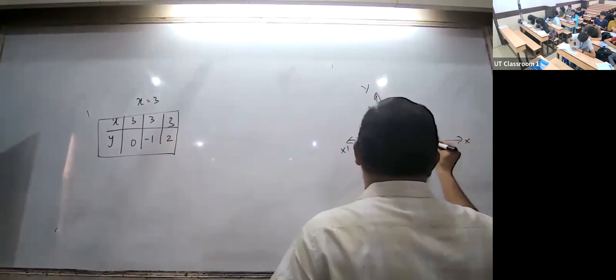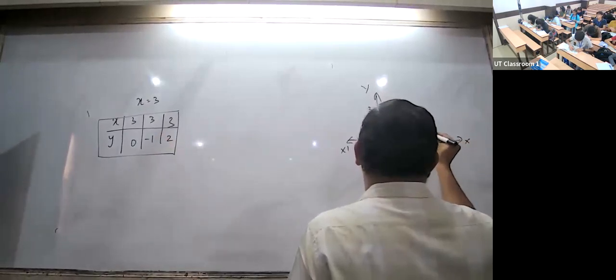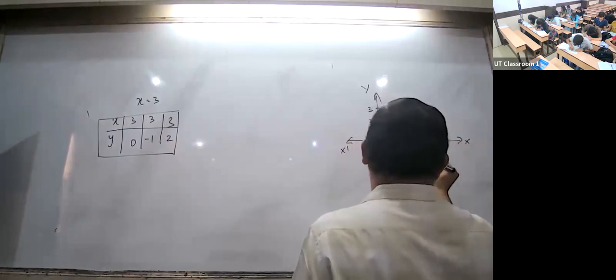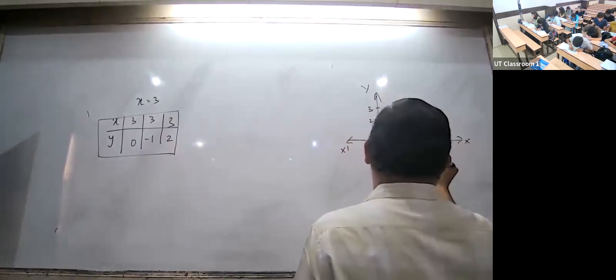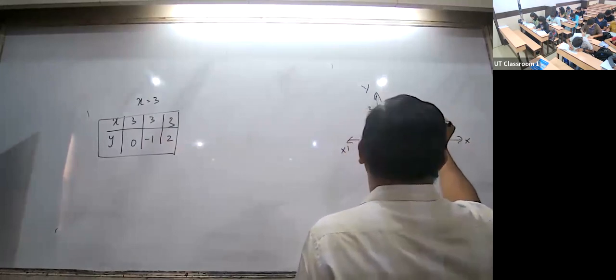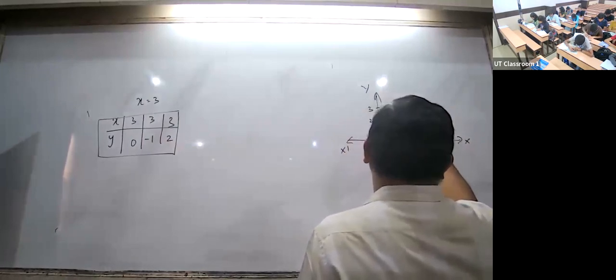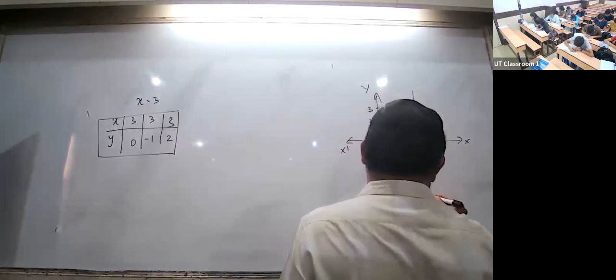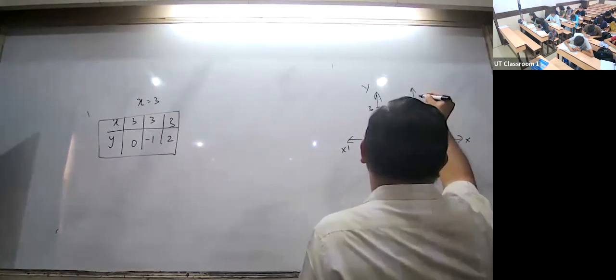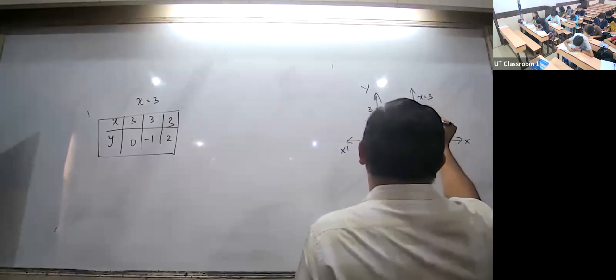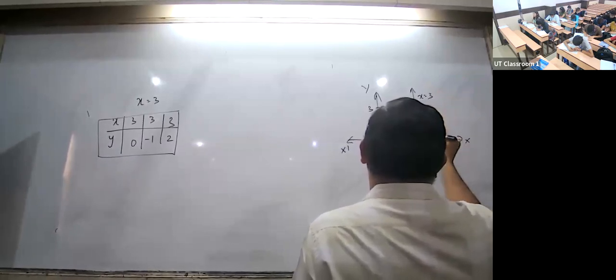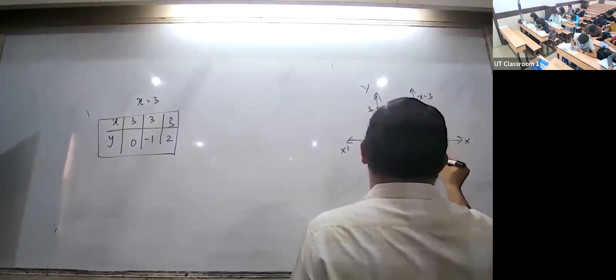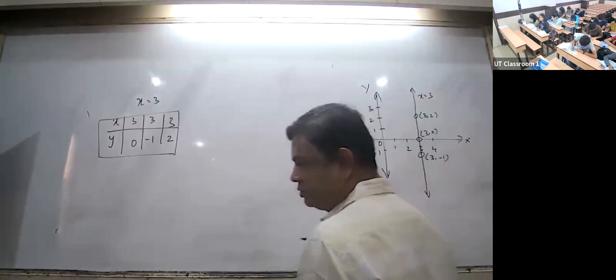First one is 3, 0. Second one is what? 3, -1. You decide which point to be taken. Third one is 3, 2. Graph drawn: x is equal to 3. This is 3 comma 2. This is 3 comma 0. This is 3 comma minus 1. Completed.